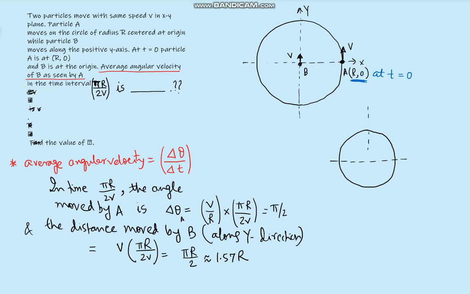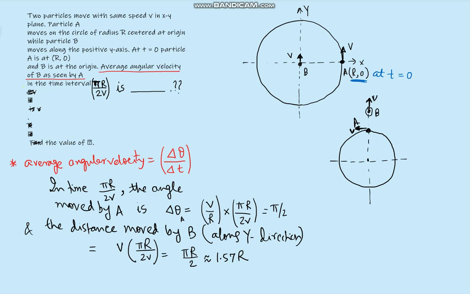When that much time elapsed, just observe, A is now here, moving in this direction, and B is at this point, moving in this direction, continuing with v. They started from the initial location given here.